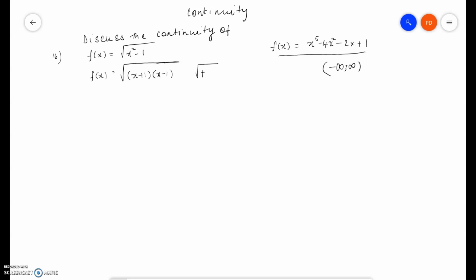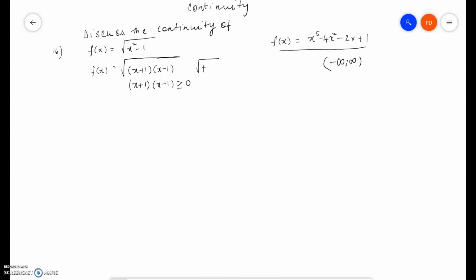It has to be positive, or it's okay for it to be equal to 0, but it cannot be less than 0. So we need to make sure that the quantity under the radical sign, which is x plus 1 times x minus 1, is greater than or equal to 0.